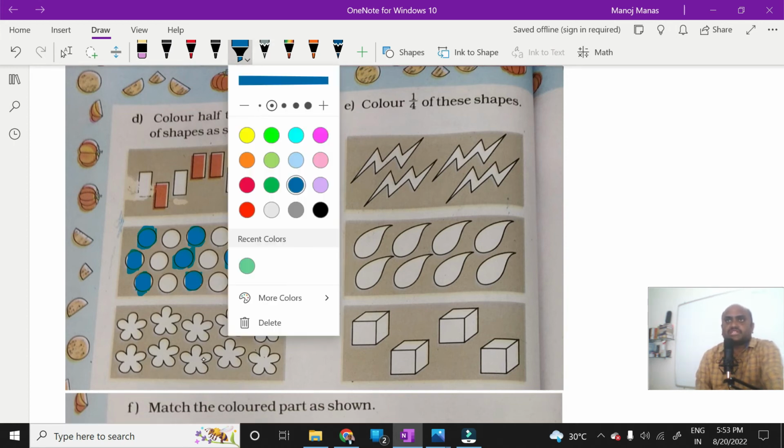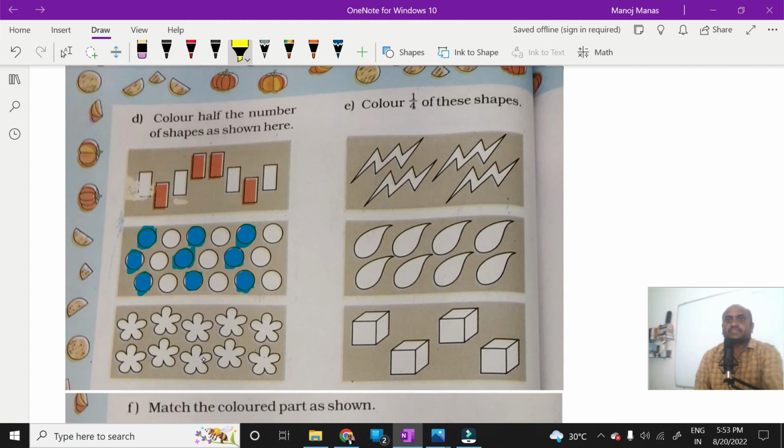So let us quickly do that flower also. Color only one flower, not the other one.